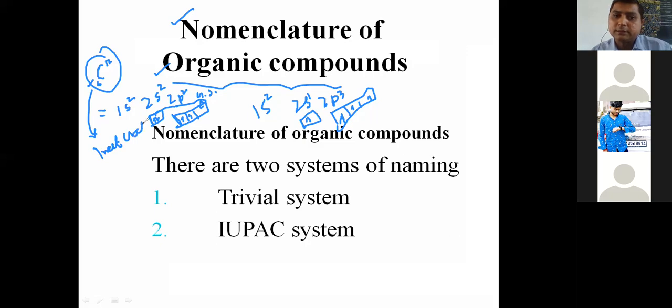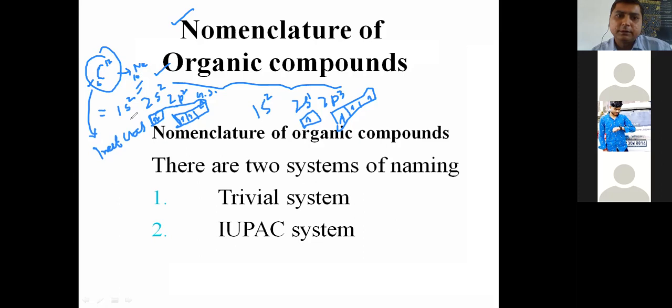Like carbon, the next is neon. Neon will be the inert gas. So they want to achieve the electronic configuration of neon, which is 10. So 4 electrons are required to complete their octet.